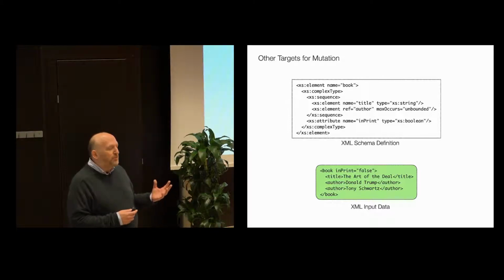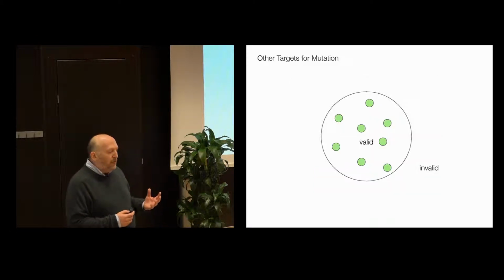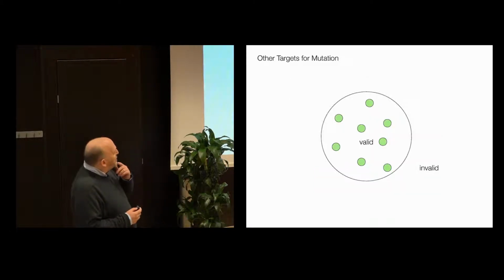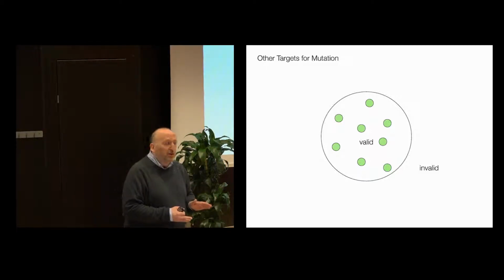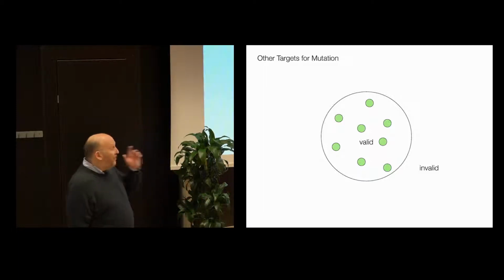But sometimes you want to test a program with data which isn't valid, for robustness. Imagine that you have this space and everything in the circle is what, for example, that XML schema definition or the grammar or even the written specification says is the right input. That's fine. You can run it with test data which is valid according to that specification.